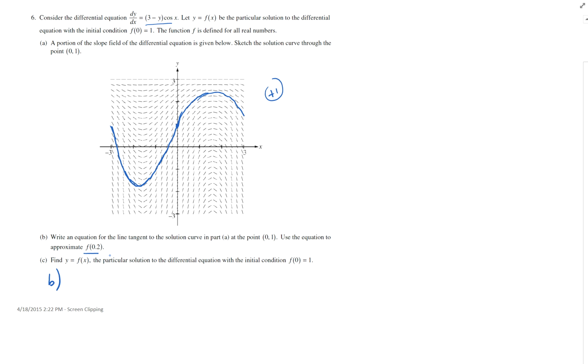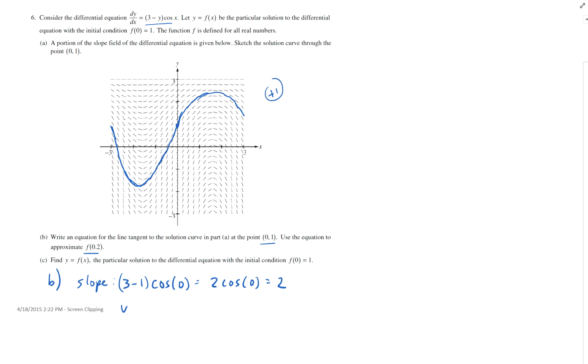So, equation of the tangent line. Well, there's my point. How do you find the slope? By plugging that into the slope up here. So the slope of the tangent line is going to be (3 - 1) times cos x, which is 2 cos 0, and the cosine of 0 is 1, so it's going to be 2.